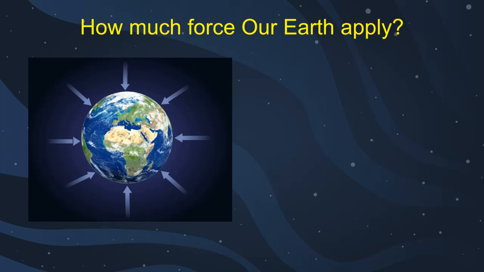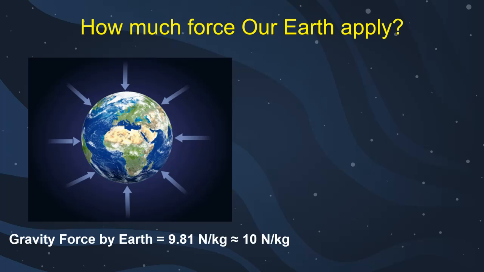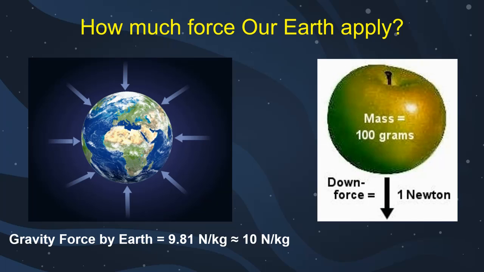That force is 9.81 Newton per kg, or approximately 10. This we also call acceleration due to gravity. Now, the meaning of that, if you take a small mass of an apple, 100-gram mass, and if you keep it in your hand, it will apply a force on your hand of 1 Newton, just to give us the feel. Okay, so this is the force of 1 Newton.